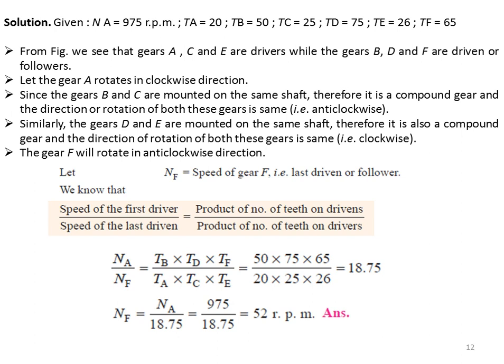NA is already given in the question, that is 975 rpm, and when you solve it, NF you get 52 rpm. So only one step answer you will be getting. This is how you can solve for the compound gear train.